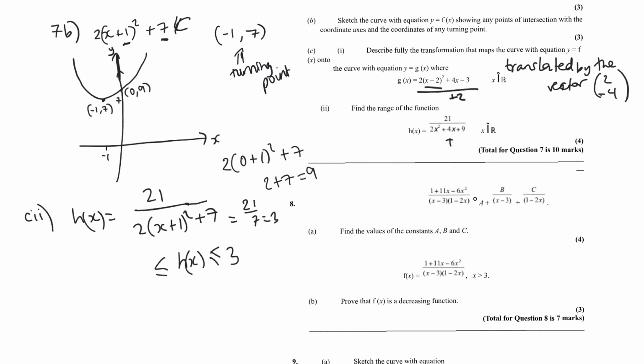But then the lowest h of x value is if you have the denominator is 0. So if you have the denominator 0, 21 divided by 0 is 0. So then it can basically range anywhere between 0 and 3. However, it's not actually equal to 0. It's just anything greater than 0. So that would be the final answer for your range.